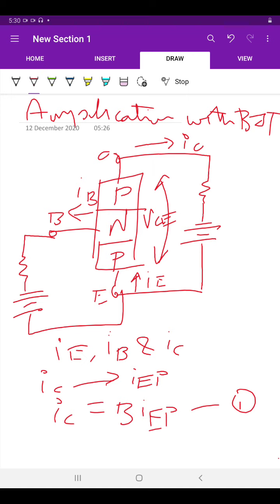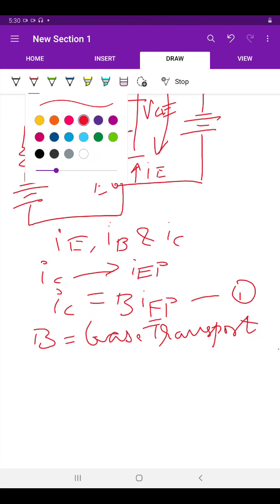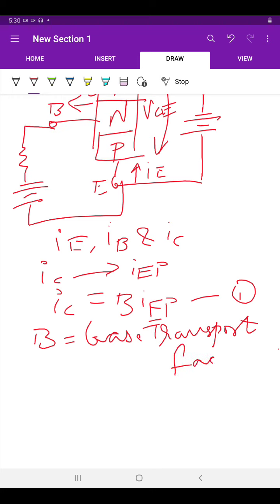So B over here is nothing but the base transport factor. So the total emitter current IE is made up of the hole component IEP.